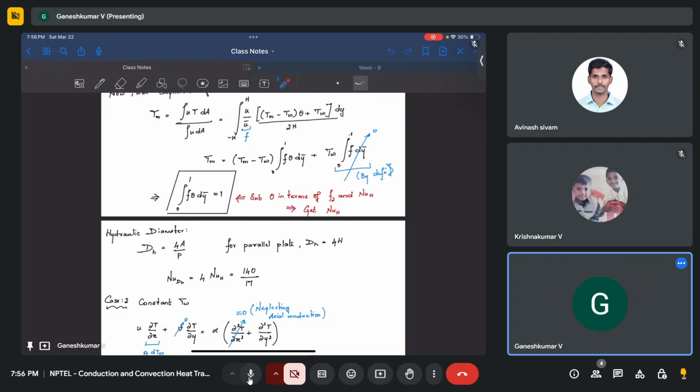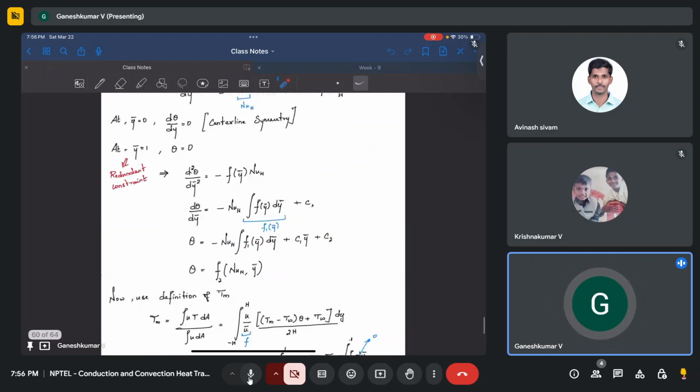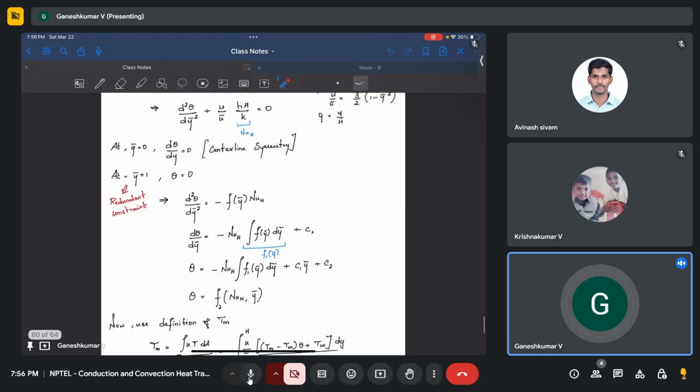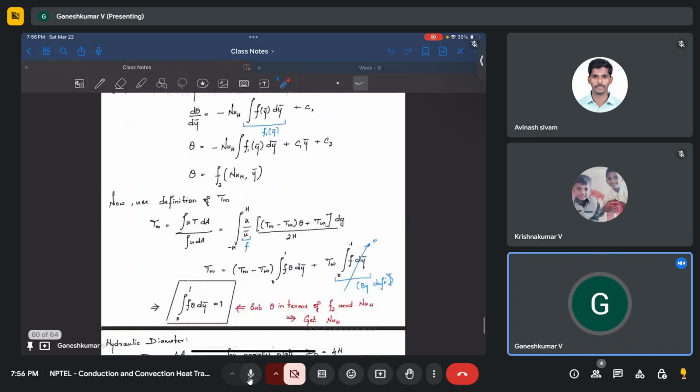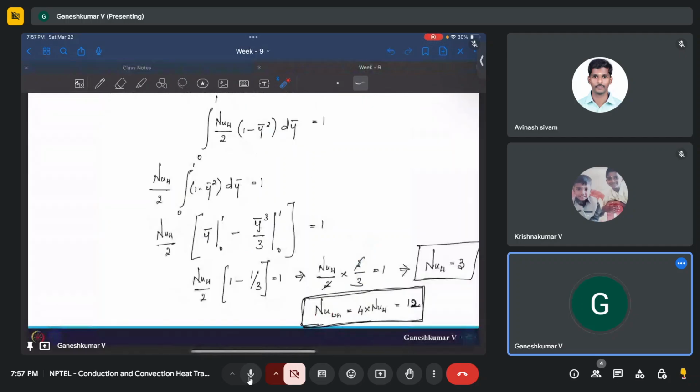Based on the temperature profile, here we derived the temperature profile. Here again, if we integrate F1, we will end up having a temperature profile. The professor didn't do that here, because this is a simple integration. You can do it and see for yourself what temperature profile you are getting, and for that temperature profile and the given velocity profile, you will end up having different Nusselt number values.